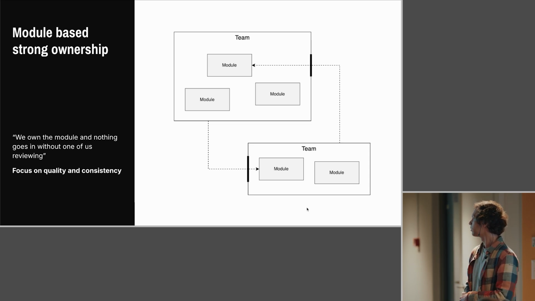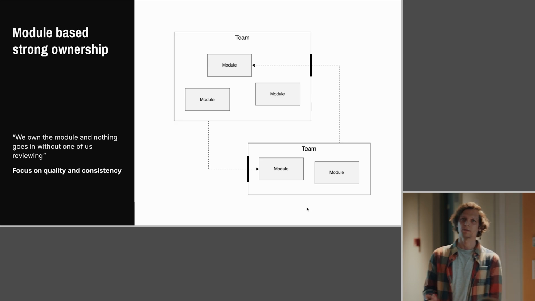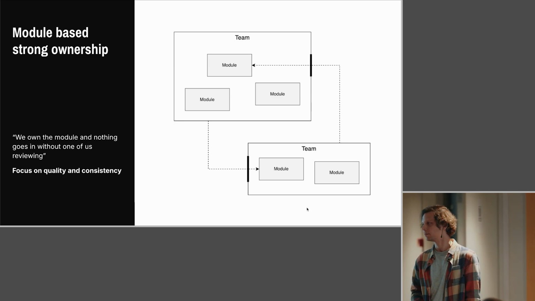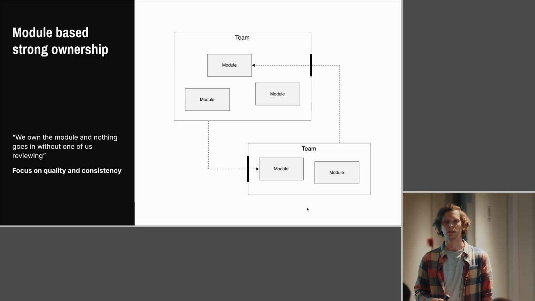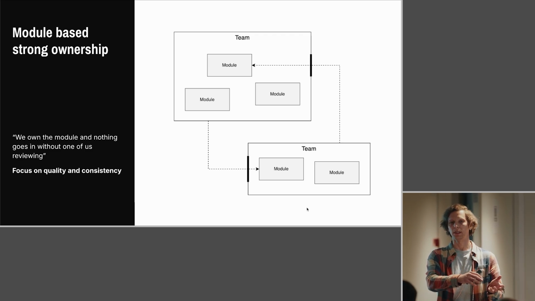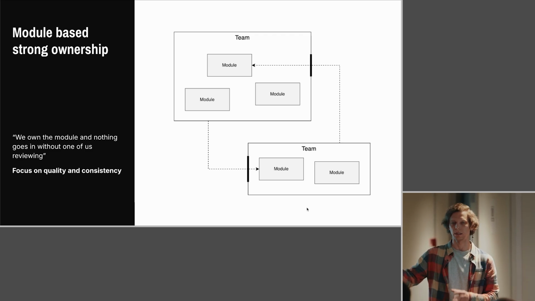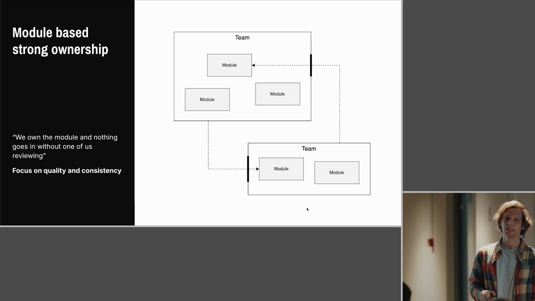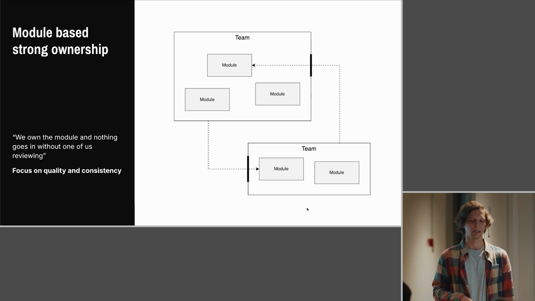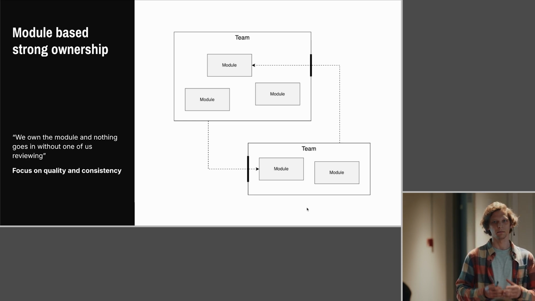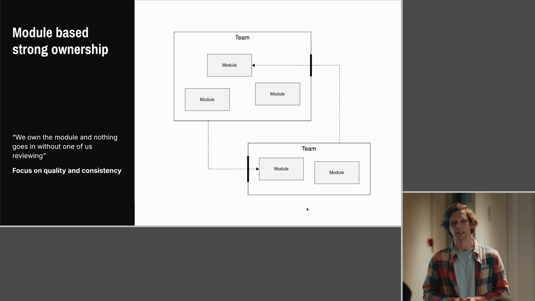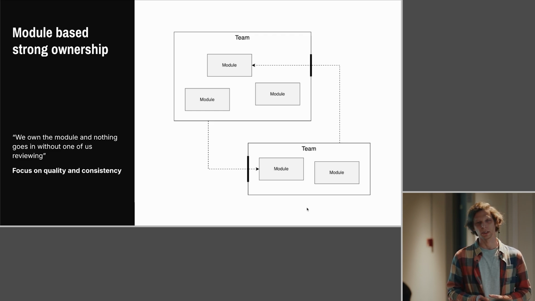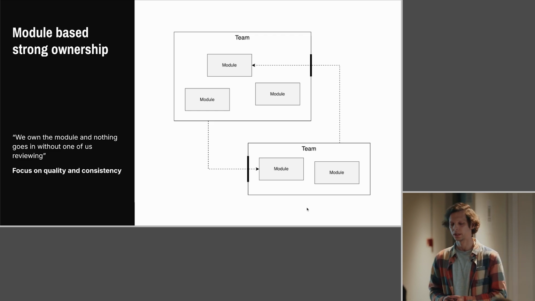Who reviews this code in this model? It's obviously the team, but does this mean that we fall back to people-based ownership, that this part can only be checked by this one person? No, what we are trying to do here is to introduce collective ownership inside the team. So we expect the team to share their knowledge inside the team, and everybody should have the same understanding of where their code base is evolving and changing.